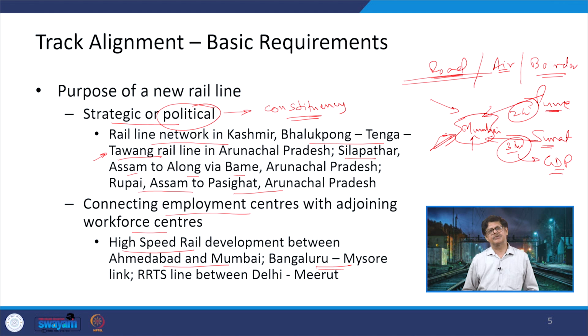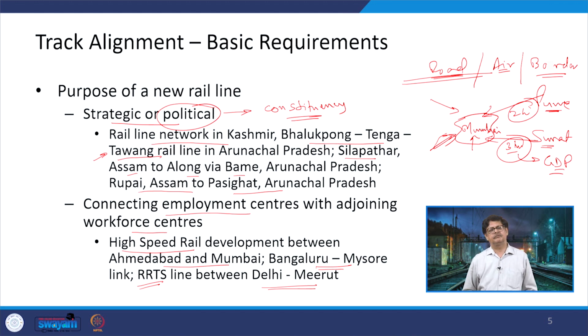Here also the flow is there, and therefore another sector is going to be connected by high speed rail. Similarly, another connectivity where a lot of people move between two cities, Delhi and Meerut, is going to be provided with the regional rail system. So the regional rail transport system is coming up.